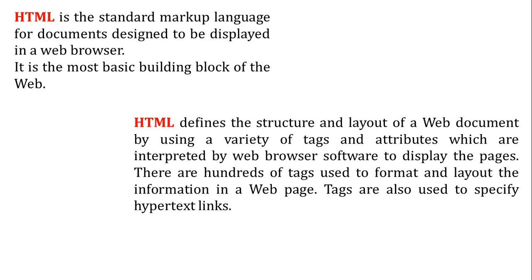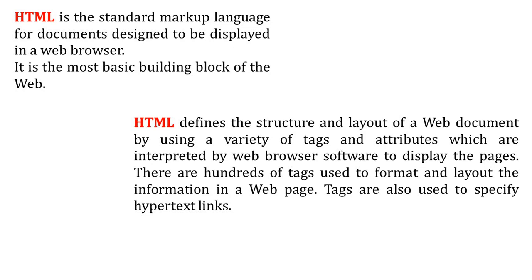HTML defines the structure and layout of a web document, the document that is available in the web server. HTML defines its structure by using a variety of tags and attributes which are interpreted by web browser software to display the pages.